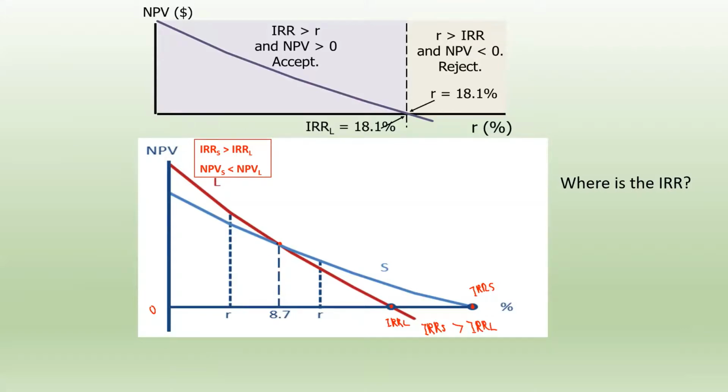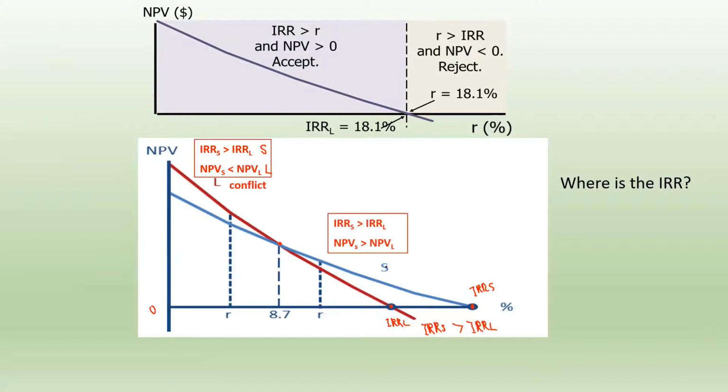When the weighted average cost of capital is less than this crossover point, IRR S, of course, is greater than the IRR of L. In the meantime, NPV S is less than NPV L. So for the IRR rules, we should accept S, but for the NPV rules, we should accept L. So those two rules have conflicting decisions.